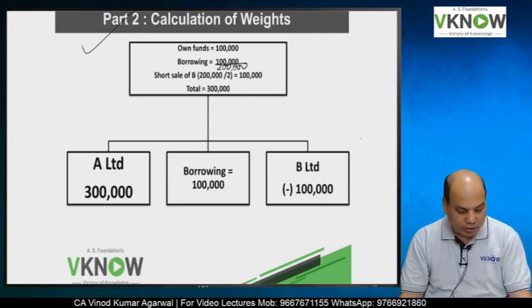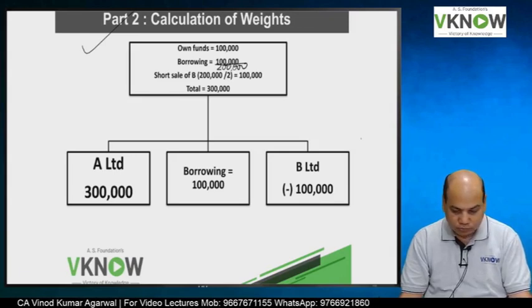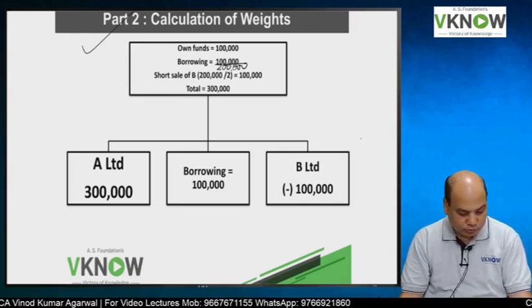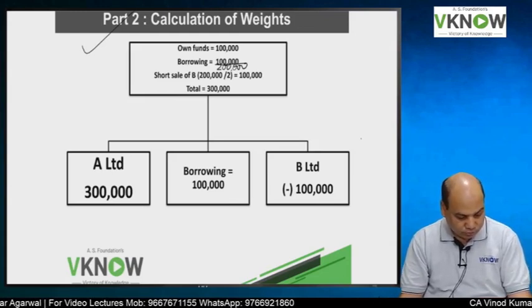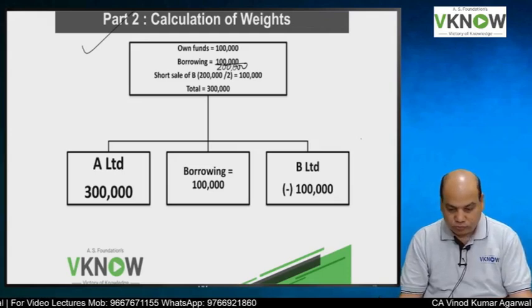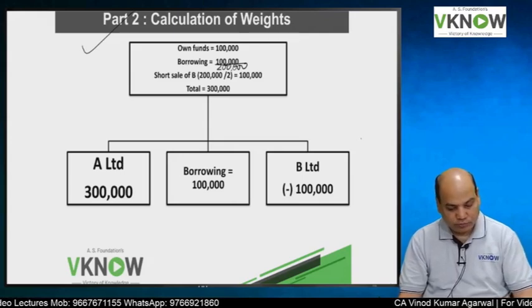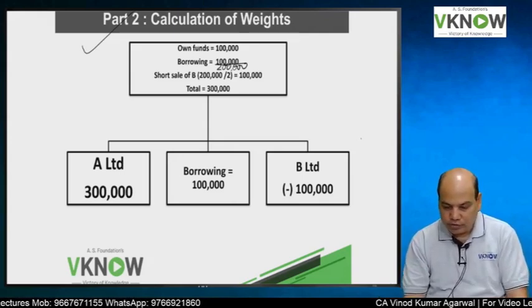Short sale of B, 2 lakh divided by 2, 1 lakh. Why it is divided by 2?